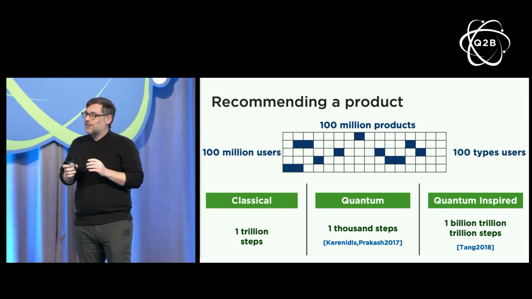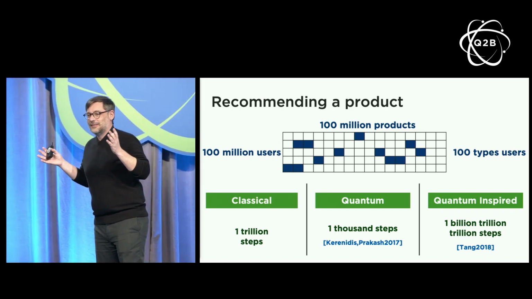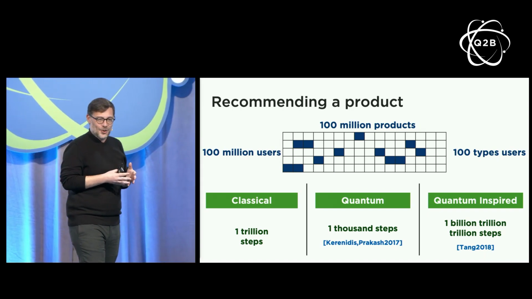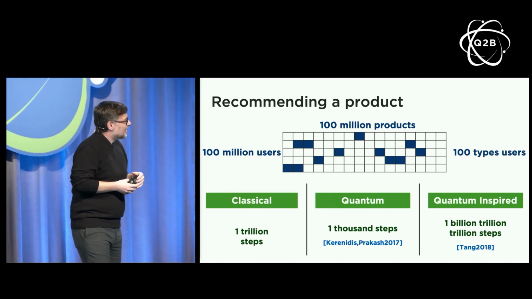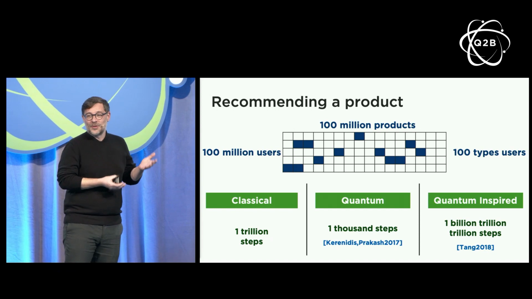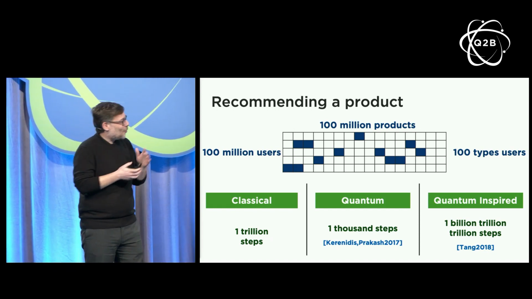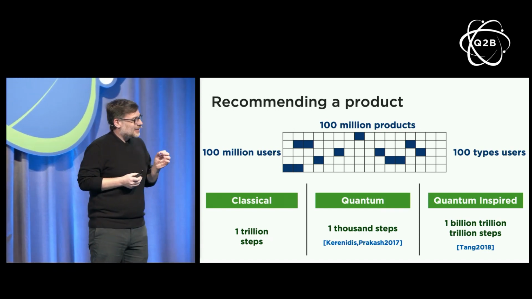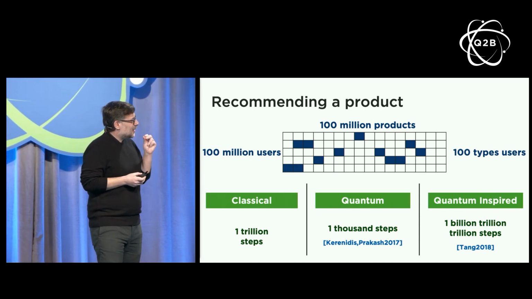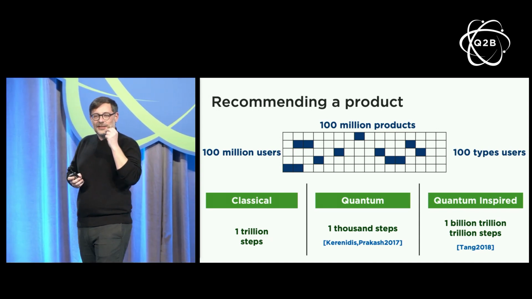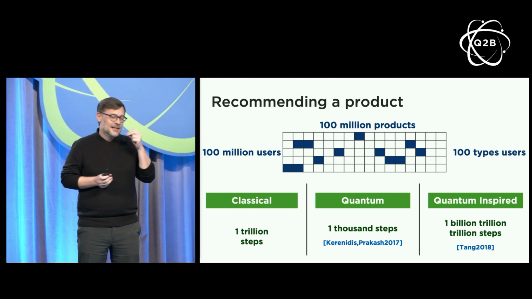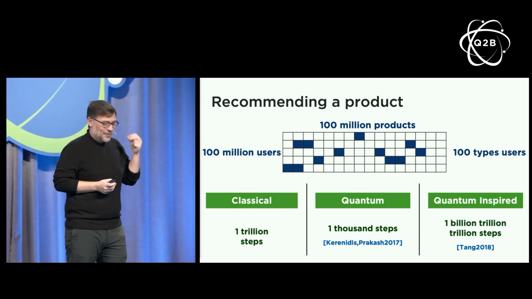So even though we went from an exponential gap to a polynomial gap, the actual gap between the quantum algorithm and the classical one is even more than what it used to be with the old classical ones. Okay, so why am I saying all this? I'm just saying that it is extremely important to get into the details of quantum and classical algorithms and figure out what it really means for my application.